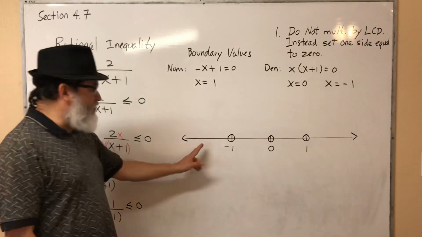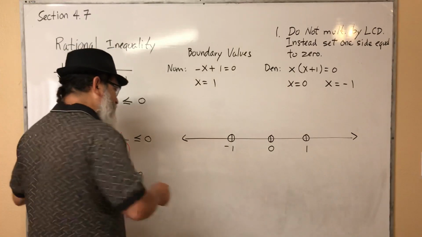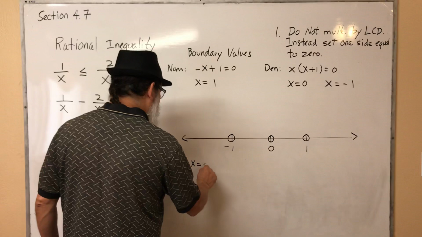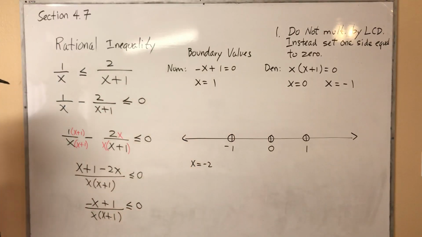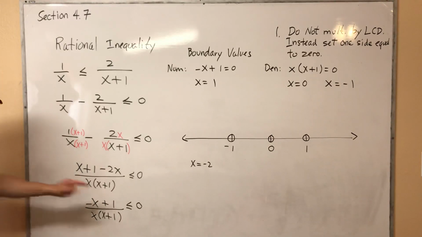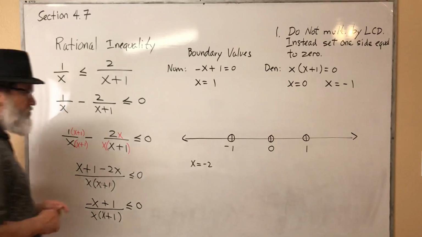What value should I pick from the leftmost region? -2. Try x equals -2. Okay. Plug it in there. What's the absolute value of -2? That's 2.